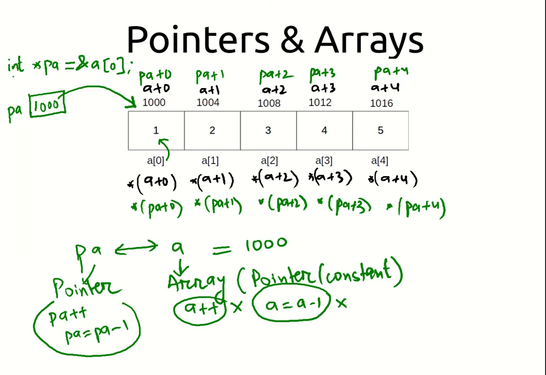But whenever I declare a pointer, it just creates one box for me which can hold the address of some other integer variable. So that's the difference. Therefore, pointers and arrays are related, but they are not the same. I hope this concept is clear through this video.